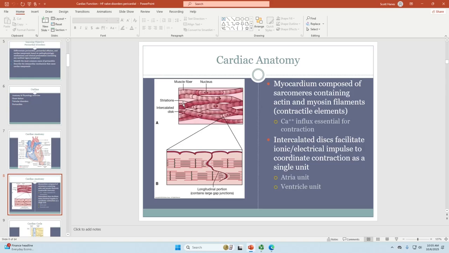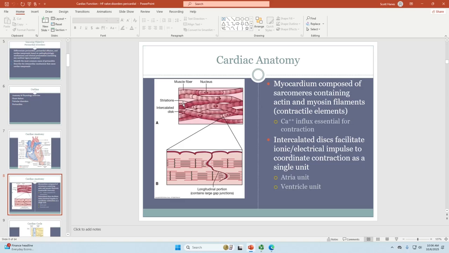And then this bottom slide here is really to describe the function of these intercalated discs, which are interspersed between all of those sarcomeres. And their sole purpose is to allow, from an electrical standpoint, the heart to function as a single unit. In other words, the electrical signals that are generated produce basically instantaneous contraction throughout the two main units of the heart.